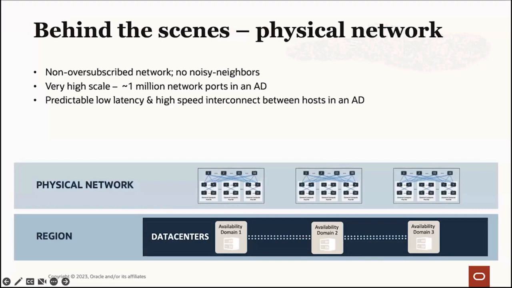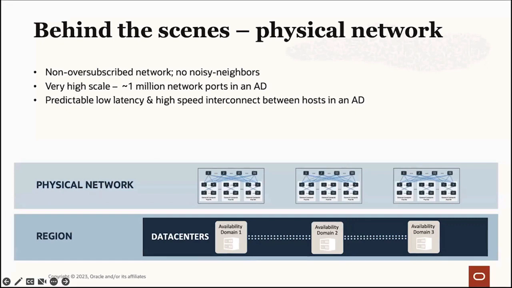On OCI, that is not the case. Your network and your OCPUs are not part of any shared pool. No matter what the circumstance, once you have reserved them, they are yours. Hence it is a non-oversubscribed network, because you have ownership of everything in your subscription. Exactly. Thank you so much, Sunil.